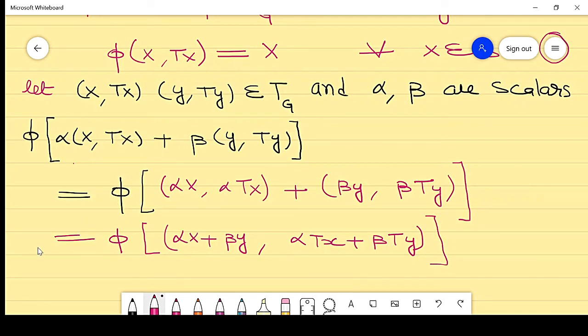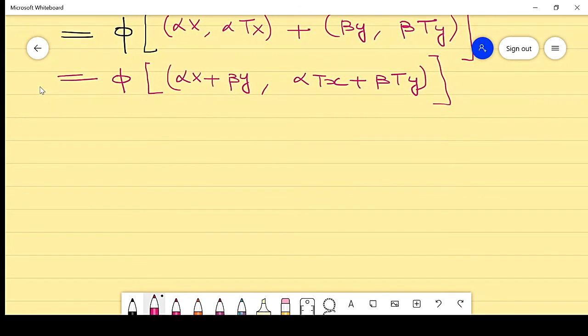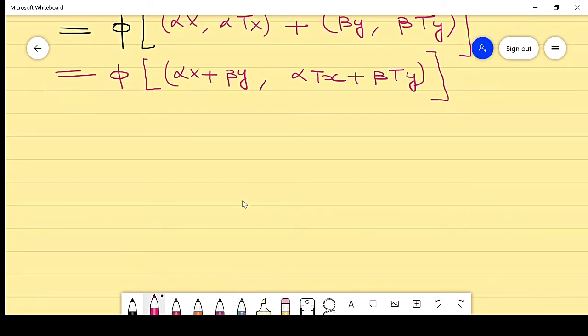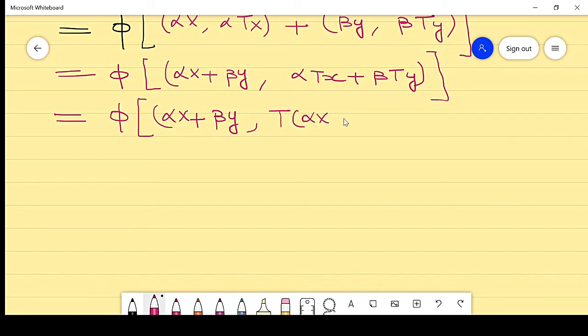Now T is a linear transformation, right? So phi of (alpha x plus beta y, T of alpha x plus beta y). Why is this possible? Because in the given part T is a linear transformation.